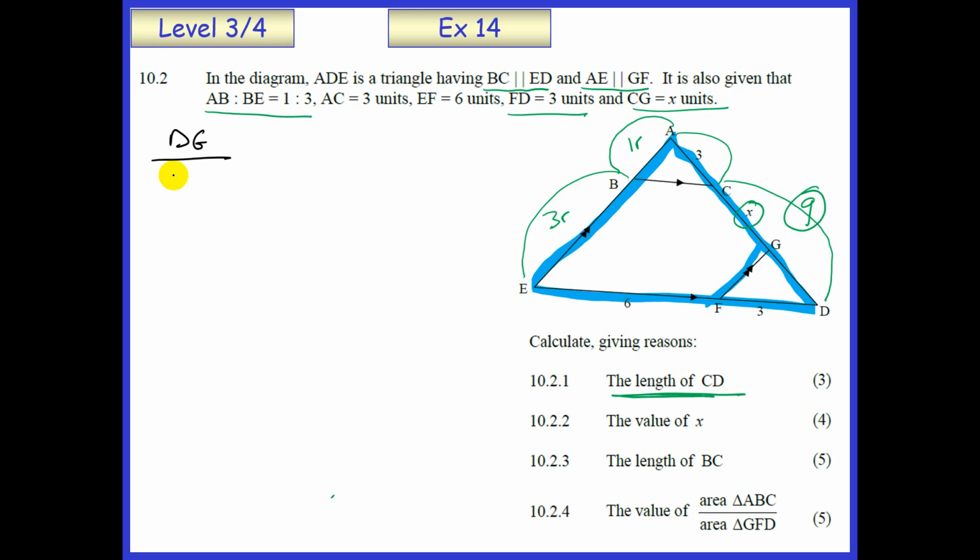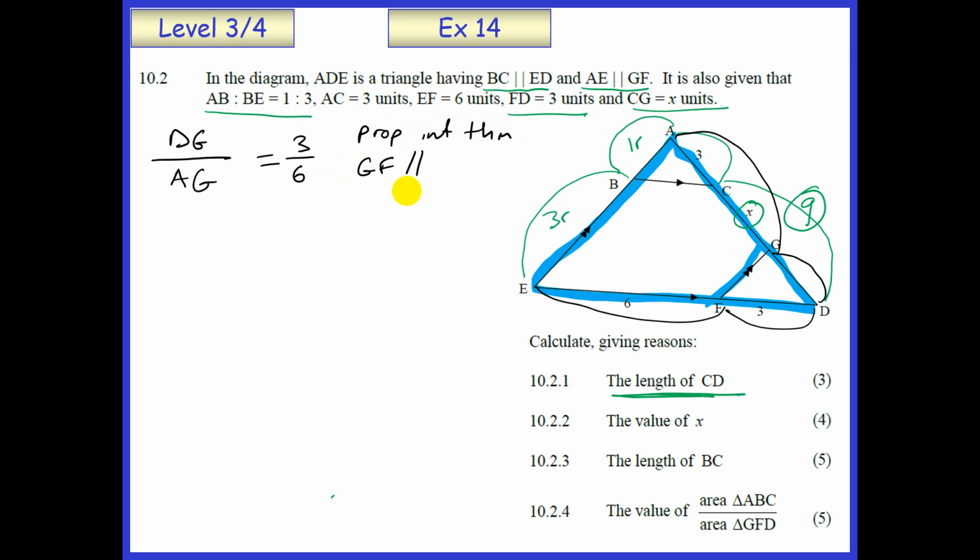DG over AG should be equal to, we took DG over AG, so on the other side we're going to take DF over FE, and that is 3 over 6. And once again, prop int theorem, but this time we're going to use the lines called GF is parallel to AE.